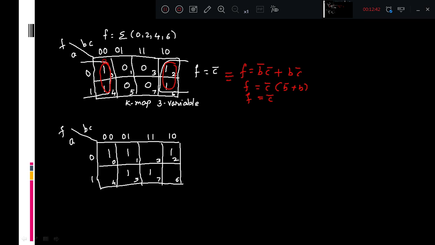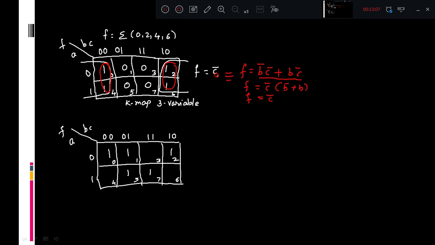If we alternatively group with the red mark I have shown, if I group with 2 cell grouping, we'll get this particular simplification, which is not a simplified solution. We need one more step, manually we can reduce to get the same function, F is equal to C bar. It entirely depends on our understanding of K-map reduction and how we group.